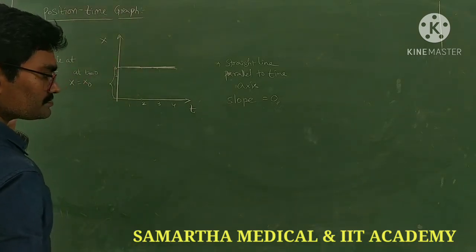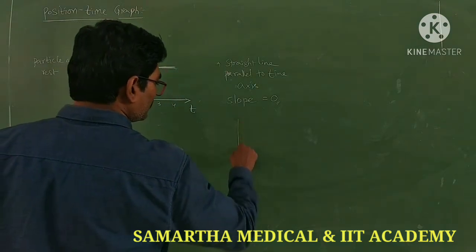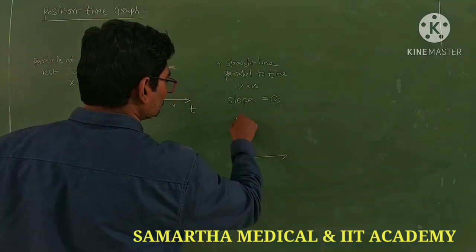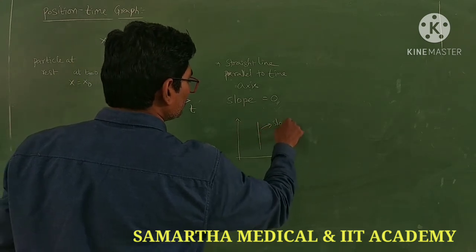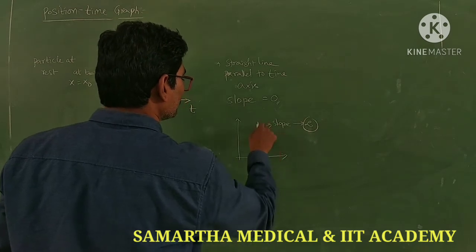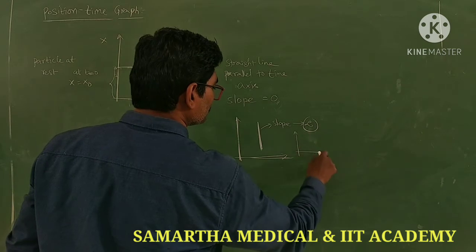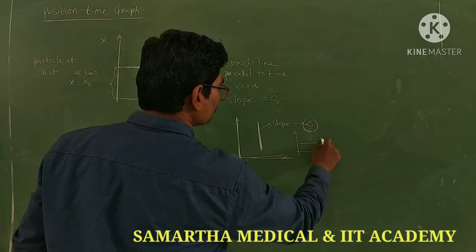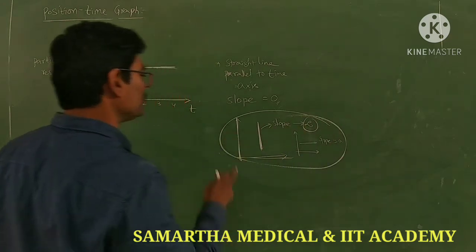One more thing: suppose you take a straight line parallel to the y-axis, the slope is infinity. Slope is infinity for a line which is parallel to the y-axis. A straight line which is parallel to the x-axis has slope 0. So this is the point you have to remember.